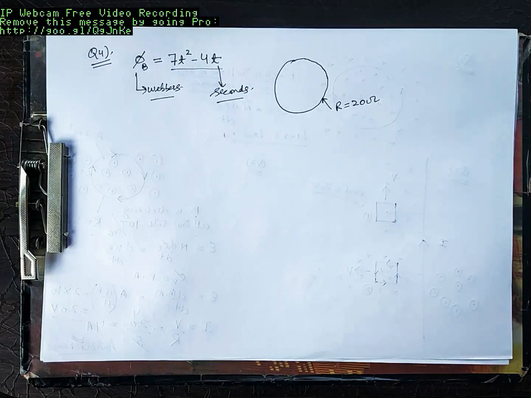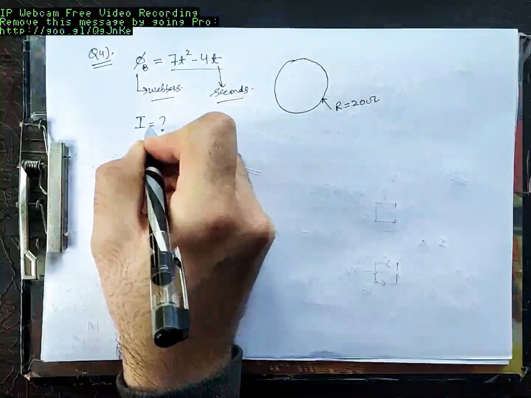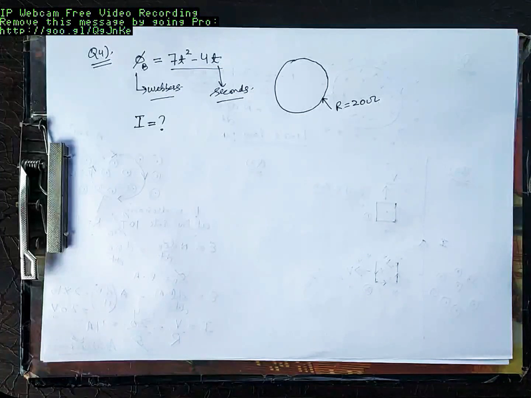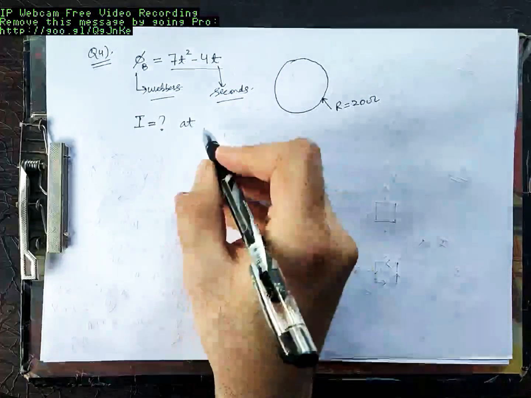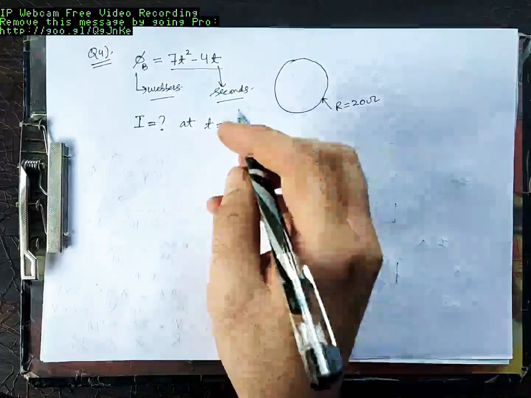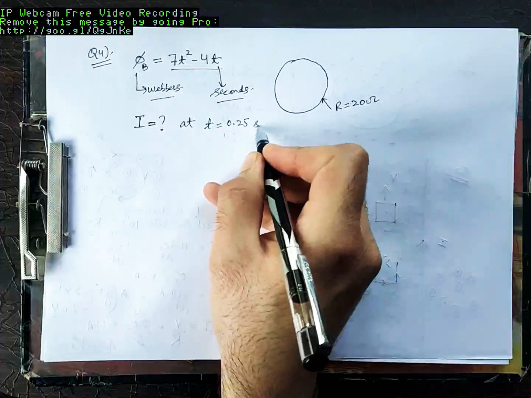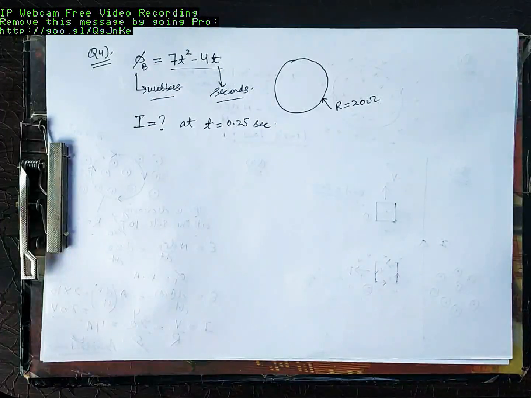What we have to calculate is the magnitude of the induced current. We have to calculate current I at t equal to, say, 0.25 seconds. How can we calculate that?